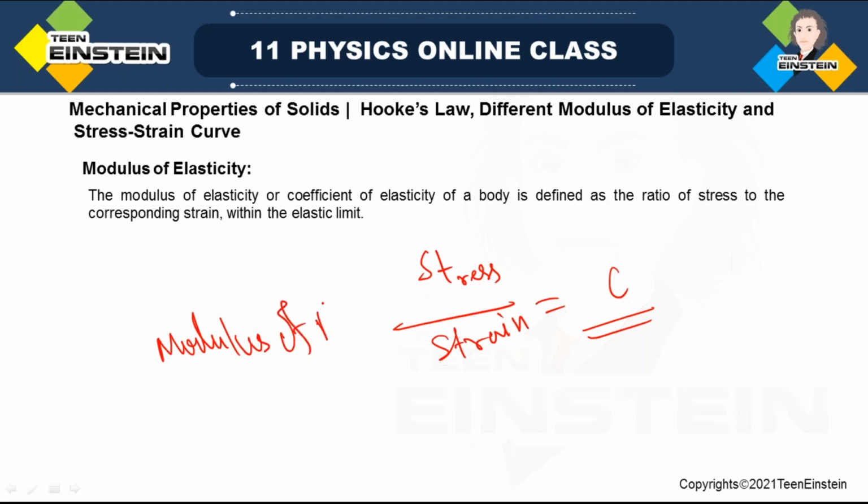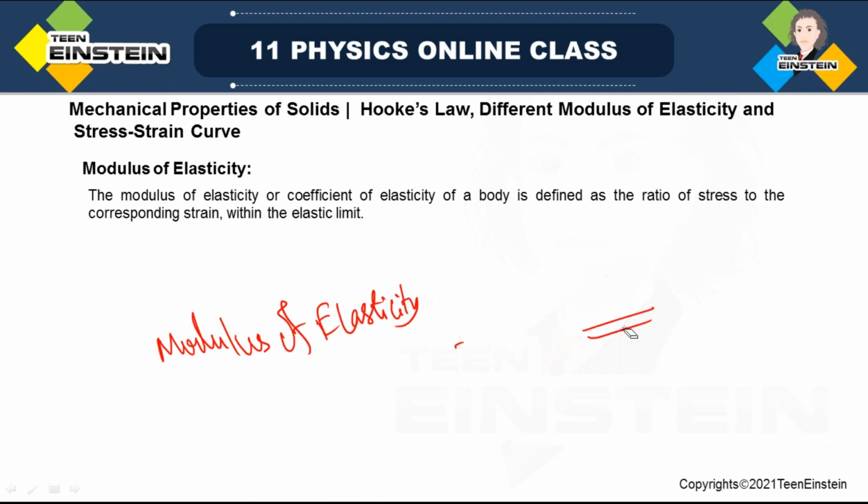Now you have to understand this modulus of elasticity. This modulus of elasticity is stress by strain, and this has a particular unit. Strain is dimensionless and stress has dimension.